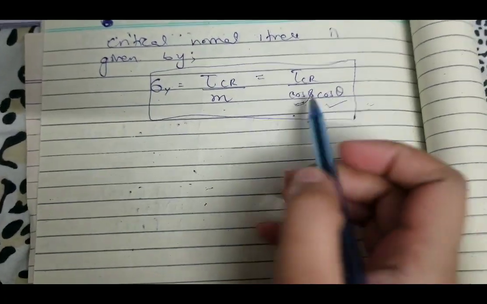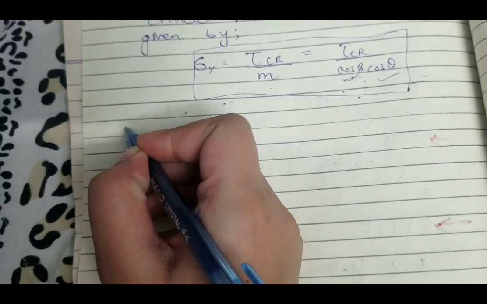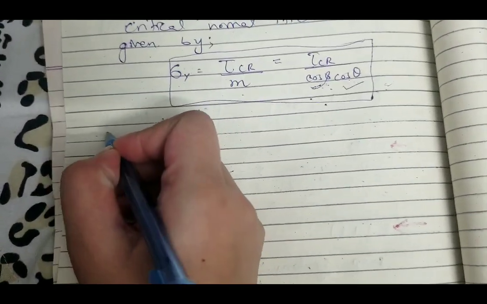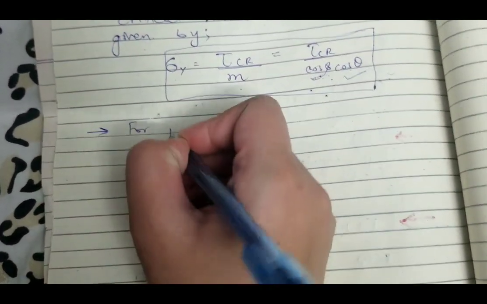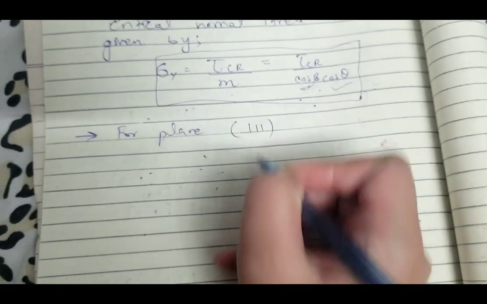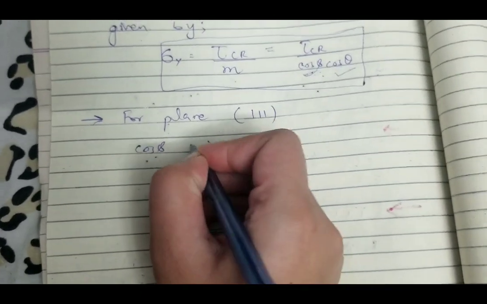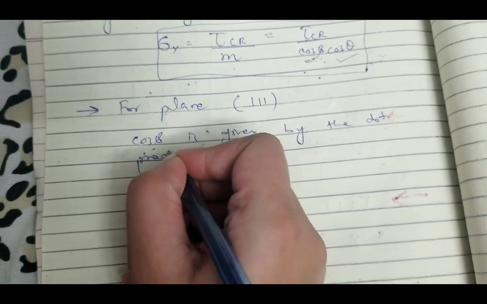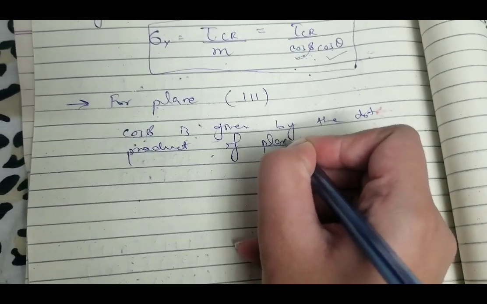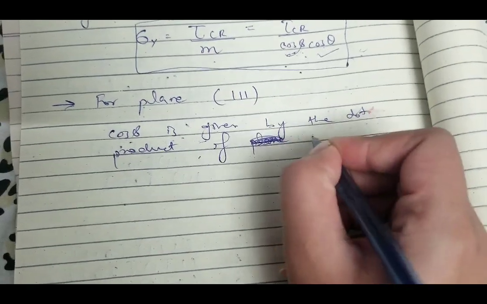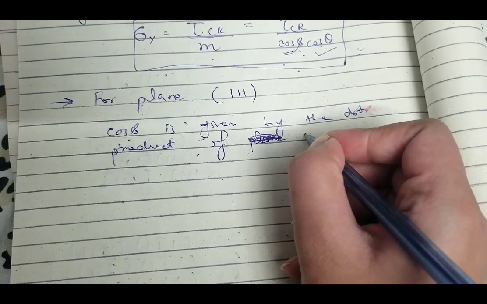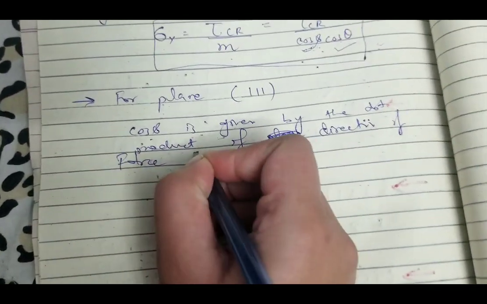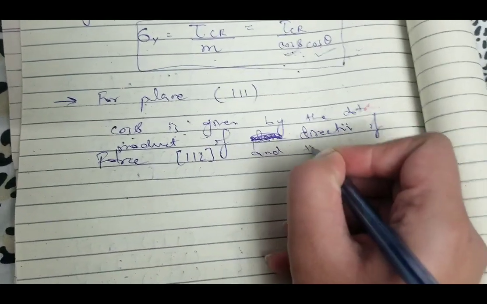So let us now find the value of cos phi for the 4 planes that we have selected. For plane 111, cos phi is given by the dot product of the direction of force, which is 112, and the vector normal to the plane.